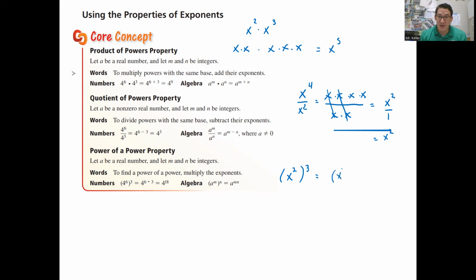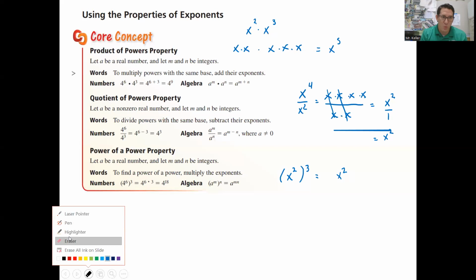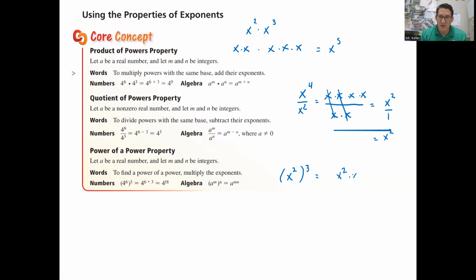So that's going to be x squared times x squared times x squared. x squared is x times x, so then x times x times x times x times x times x. So we have x to the 6th total, or 2 times 3.